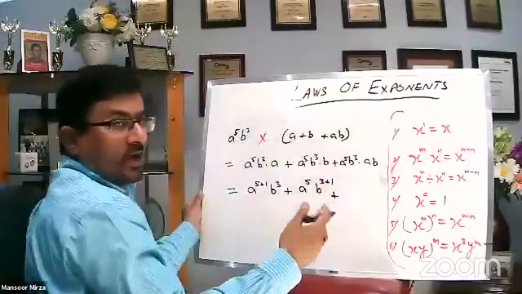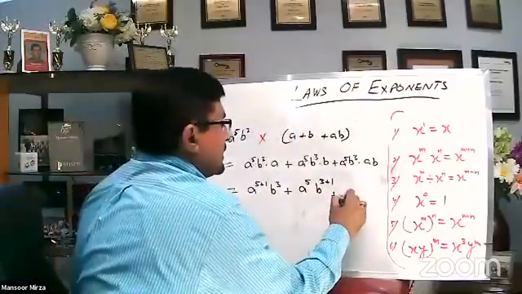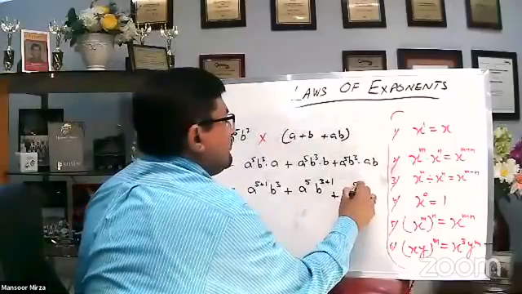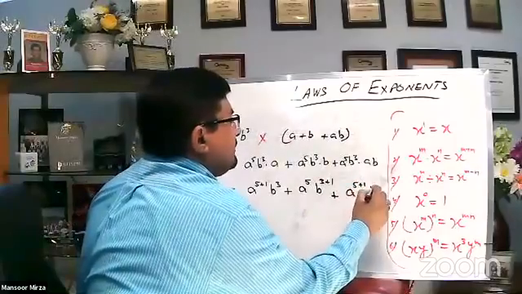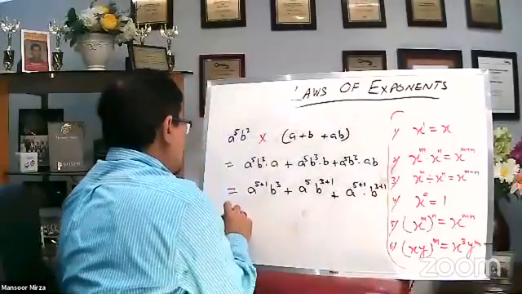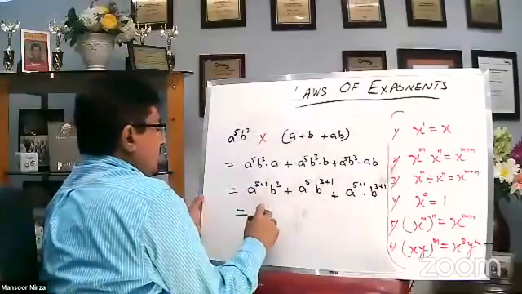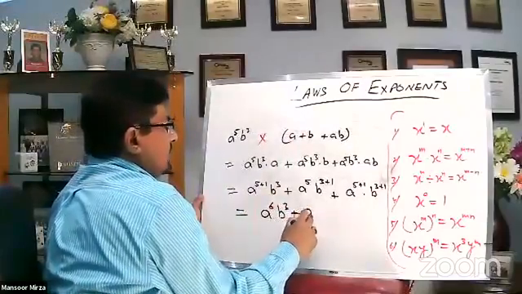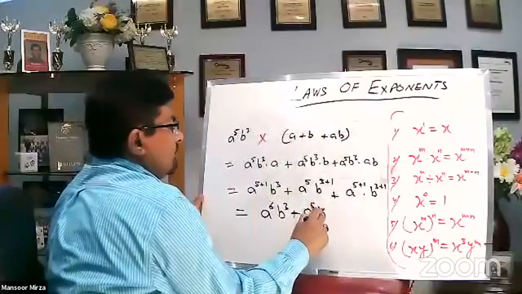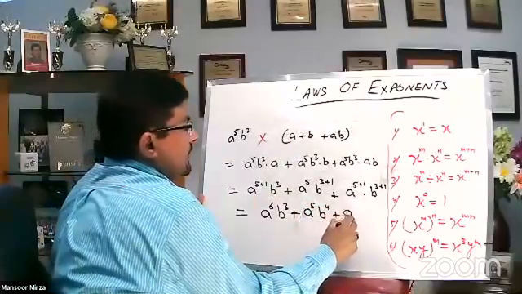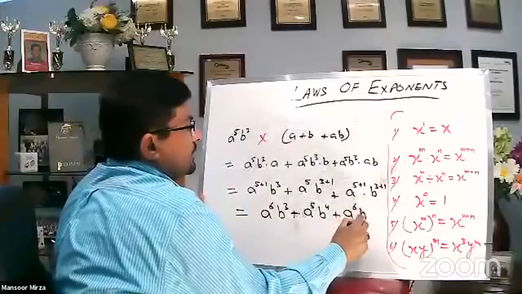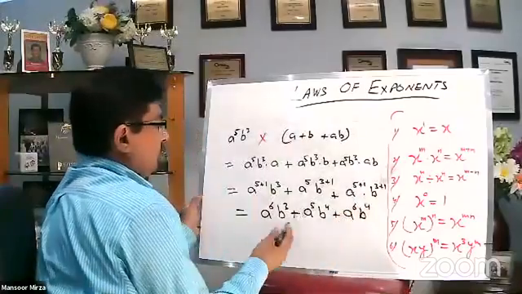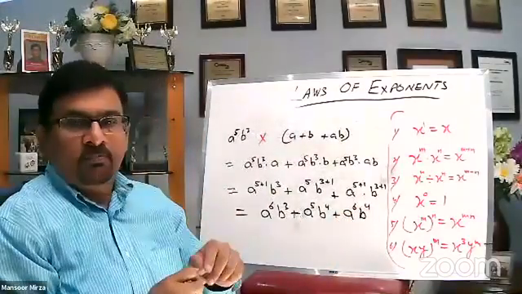Then in this case, I have both a and b. So I can write down a^(5+1) into b^(3+1). Now a^6 b^3, this is a^5 b^4, this is a^6 and b^4. So this is our final result.